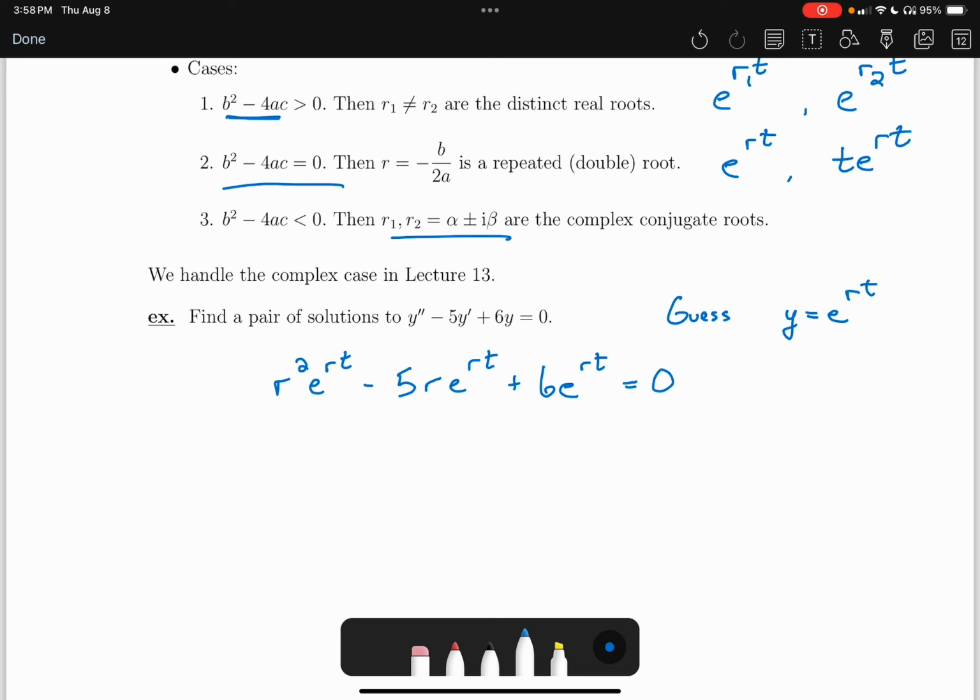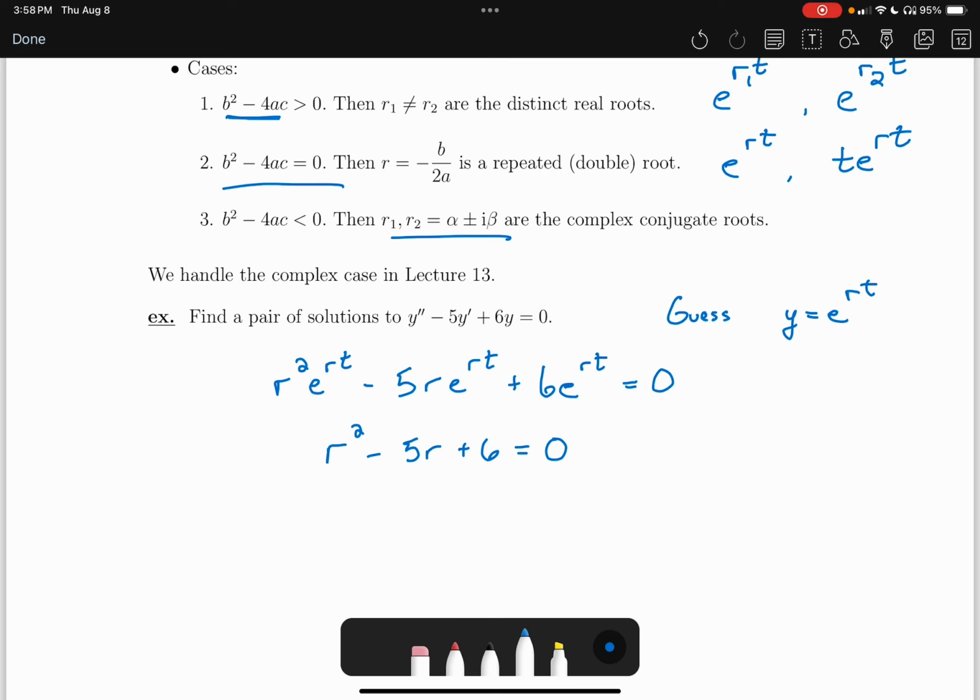Plugging in that first and second derivative, we're getting the auxiliary equation. Because again, e to the rt, after we factor it out, cannot be 0. So this part must be 0.